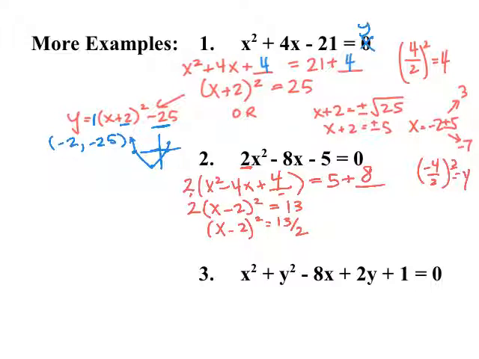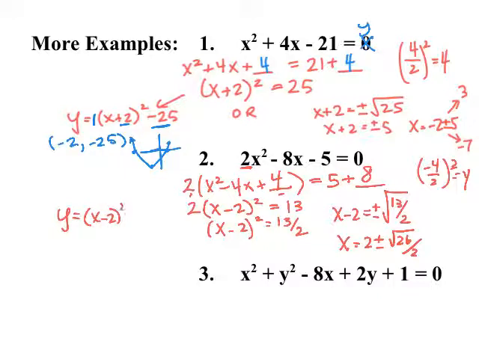Now, if I wanted to solve for x, I'd square root both sides and get x minus 2 equals plus or minus the square root of 13 halves, and you end up with x equals 2 plus or minus the square root of 26 over 2. Or depending on what you're doing with this, you have y equals x minus 2 squared minus 13 halves, and you can find the vertex and graph it quickly.